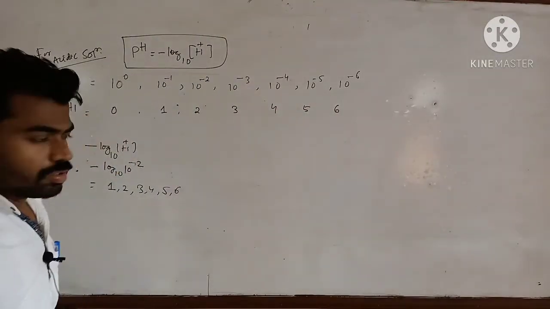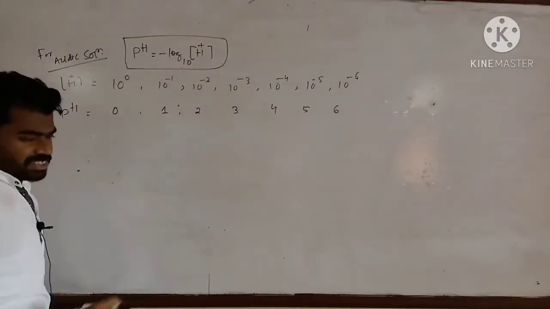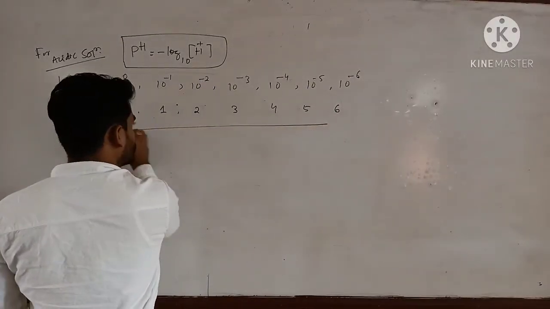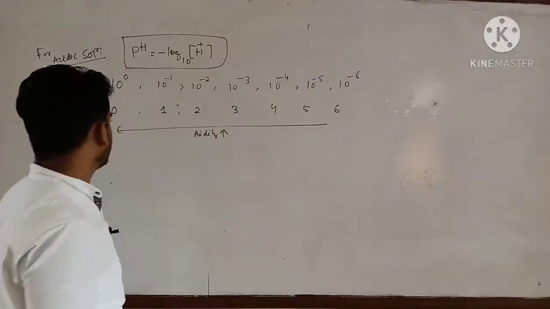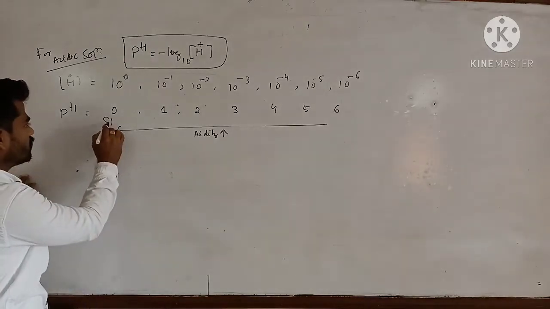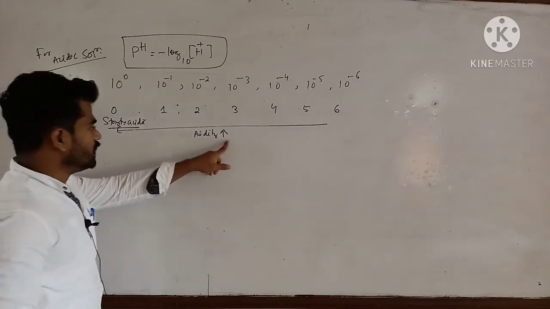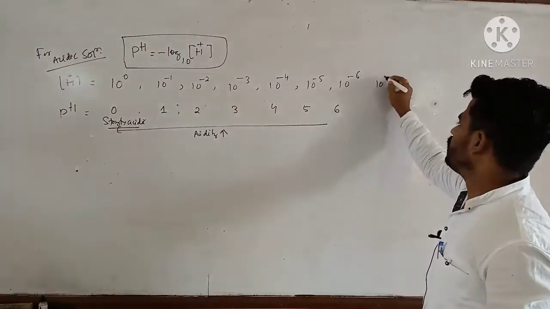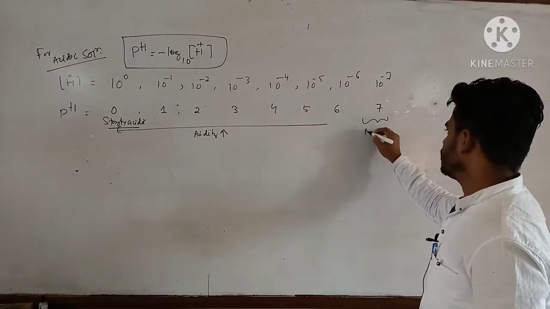That clear? So for pH values up to 6, the solution is acidic. So from here to here, acidic strength or acidity increases. The pH value 0 is strongly acidic. So acidity increases. And if I write 10 to the power minus 7, then what should be the value of pH? 7. So this 7 is neutral.